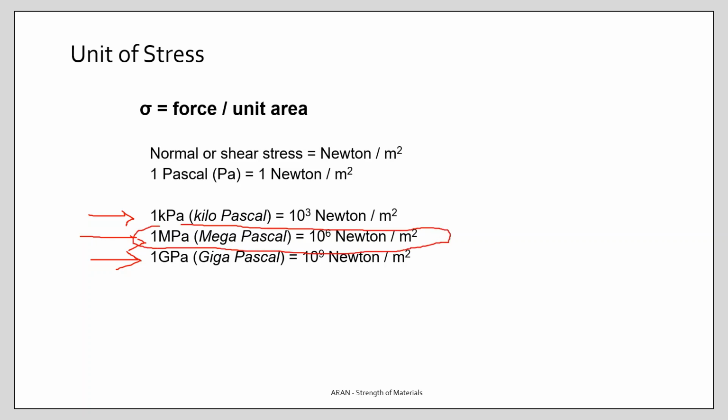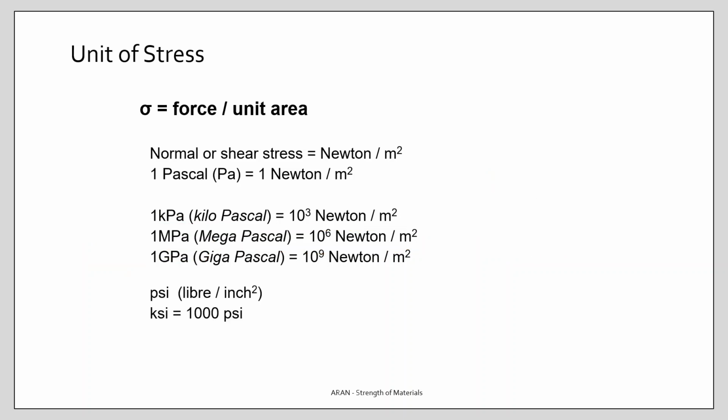It's 10 to the 6 Newton per meter square, which corresponds to Newton per millimeter square. And it is very practical to use these units and find the stresses in megapascals. Okay. On the other hand, in the US system, we have pounds per square inch, which is called PSI, and 1000 PSI is 1 KSI.